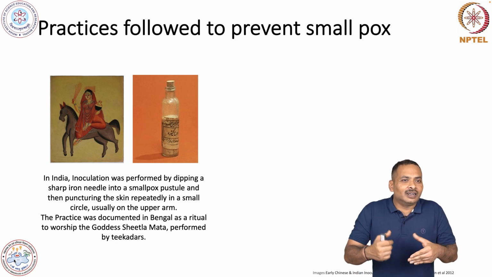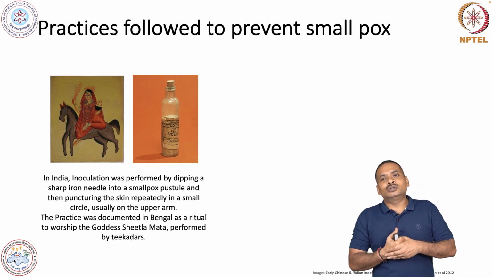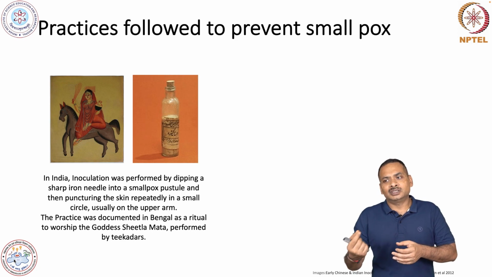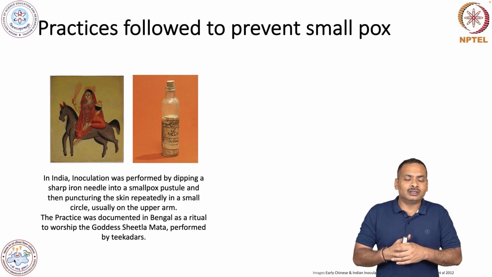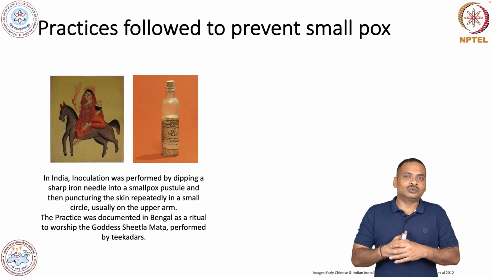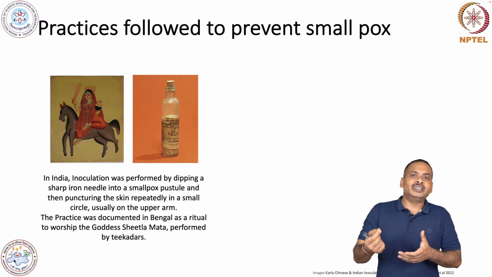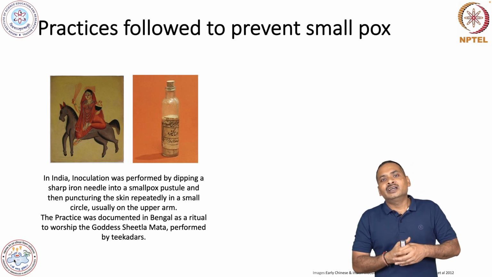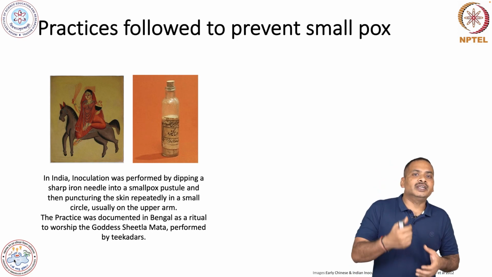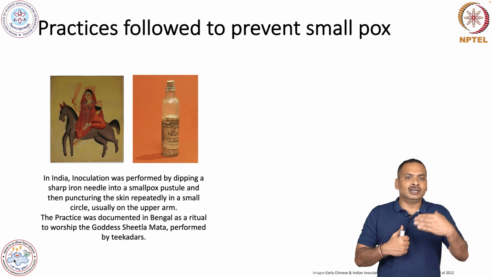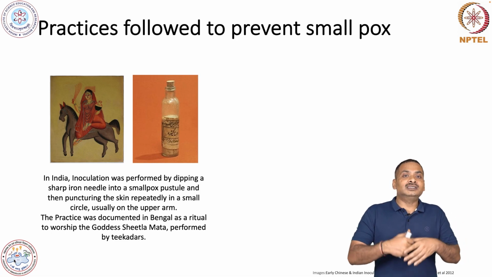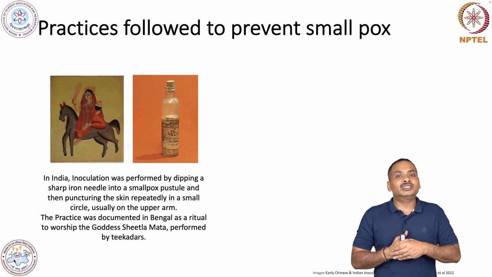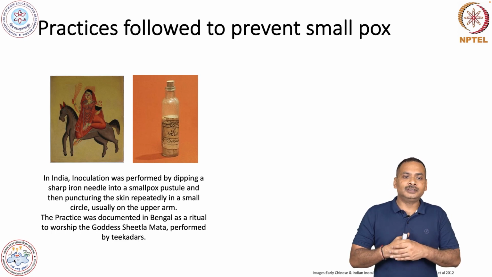They understood that if you take this pustule fluid or material, at that time the word pathogen or virus was not there, and inoculate a healthy individual, then that individual may be protected from smallpox. So in India also there was some practice.